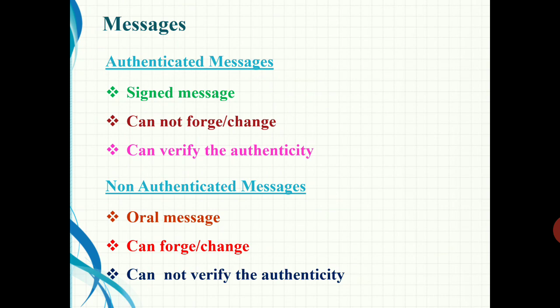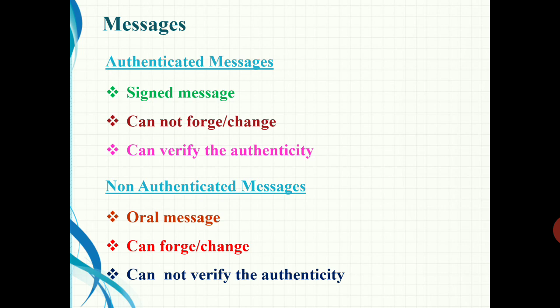So the processor can forge or change the received message at any time, and claim to have received it from others. So there is no authenticity in the message in the case of the non-authenticated message. That is about the messages.